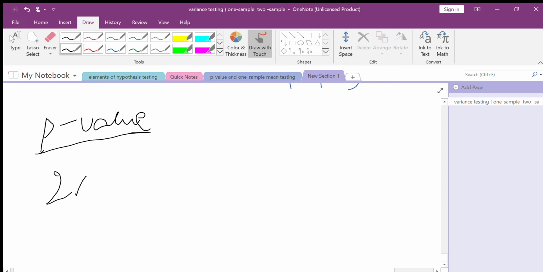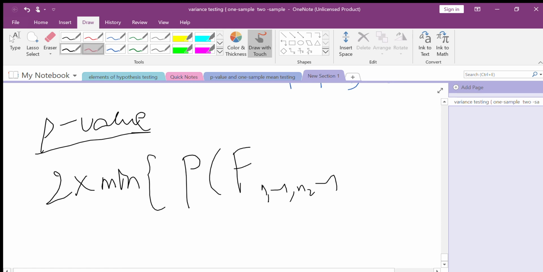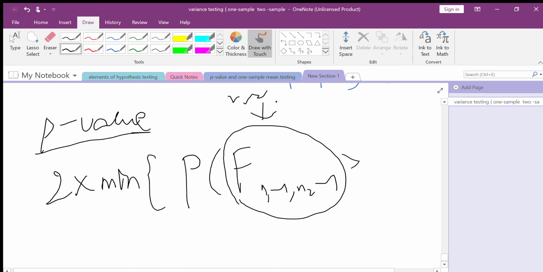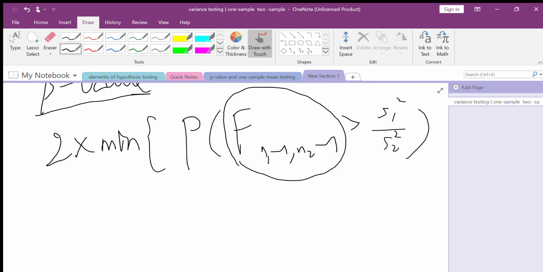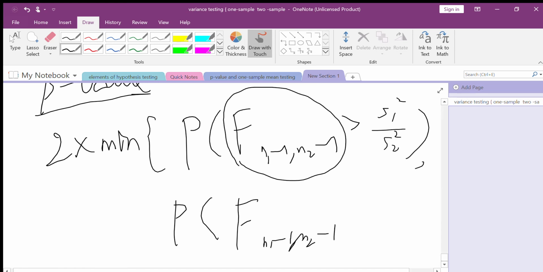The p-value is 2 times the minimum of the probability that a random variable following the F distribution with degrees of freedom n1 minus 1 and n2 minus 1 is greater than small s1 squared divided by small s2 squared, and the probability that it is less than small s1 squared divided by s2 squared. This is the p-value in this case.